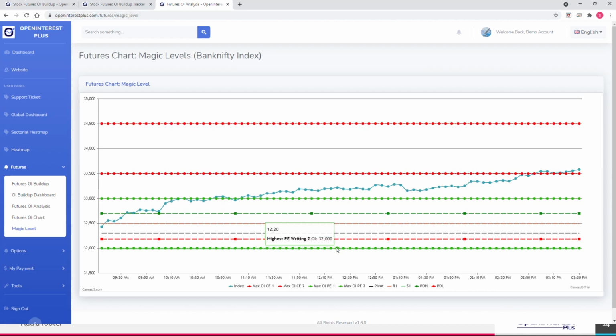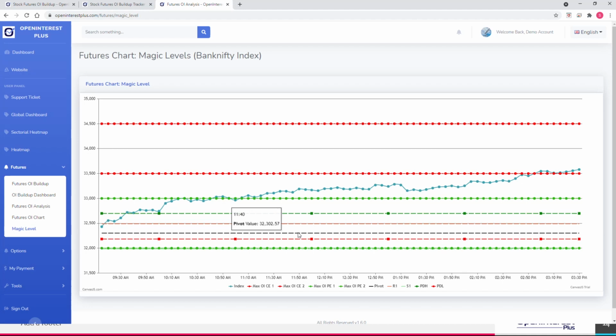My point is, if the bulls were in control, they should have moved this 32,000 to something like 32,500, at least somewhere here. But they have not moved. They have just kept the highest put writing level 2 at 32,000. So this is very strange for me. Anyway, this is what the data says.